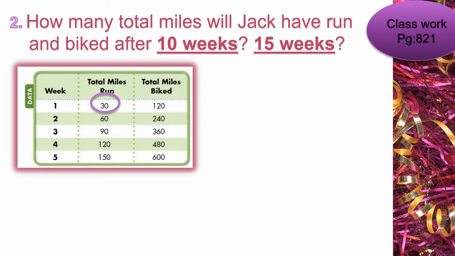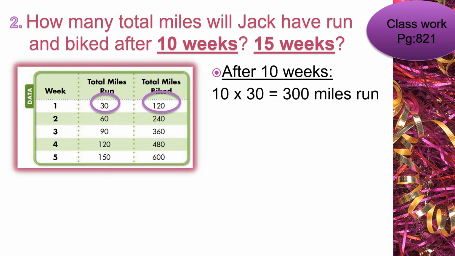How many miles will he bike each week? Yes, 120. So now we multiply these numbers with 10 to get how many total miles he runs and bikes for 10 weeks. So first for 10 weeks I multiply 10 with 30. What do I get? Yes, 300 miles. So 300 miles he ran.